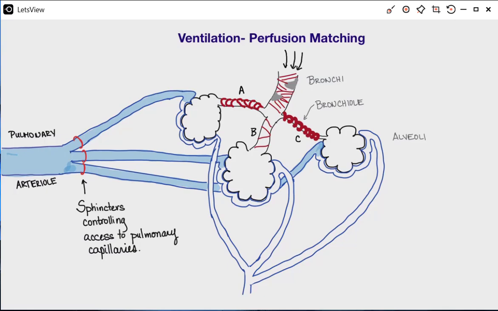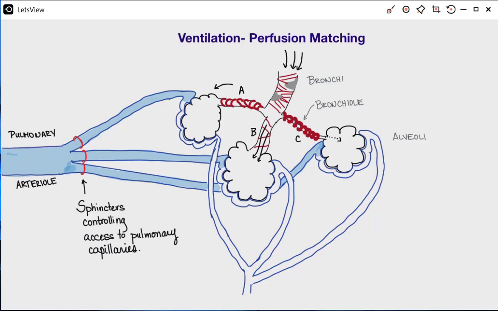So I expect most of the air will go into alveoli B because the diameter of that bronchiole is so large and therefore does not pose a lot of resistance. A little bit will get into bronchiole A, and a very, very small amount will get into bronchiole C. So this is an example of where the alveoli would be getting different proportions of fresh air.